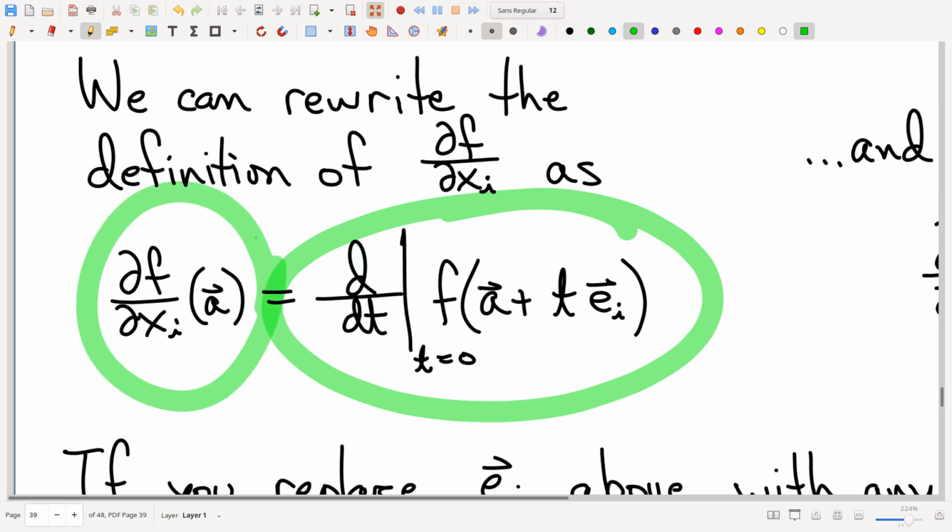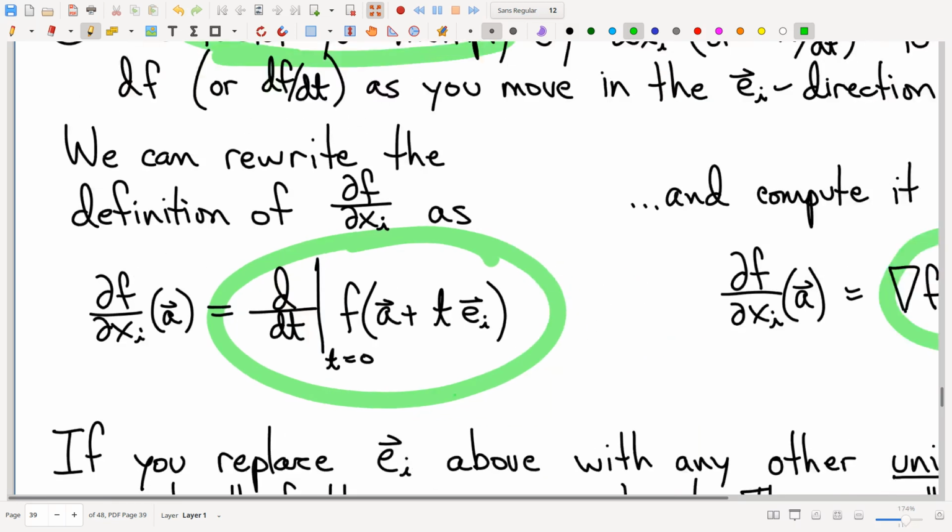They both say we're at A, moving in the ei direction, and keeping track of how fast f is changing. So that's, I think, a sort of an easy point of satisfaction that this also is equal to the partial derivative. And if you don't like that point of view, well, then you can just, literally write this down as a limit, and you'll find that you get exactly the partial derivative.